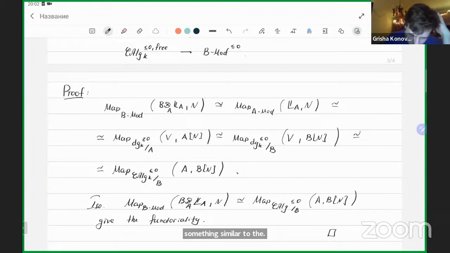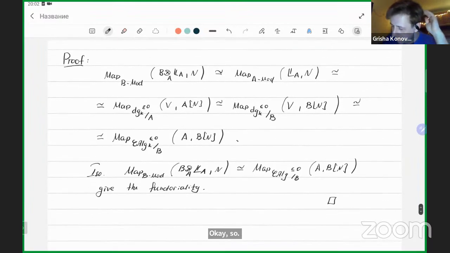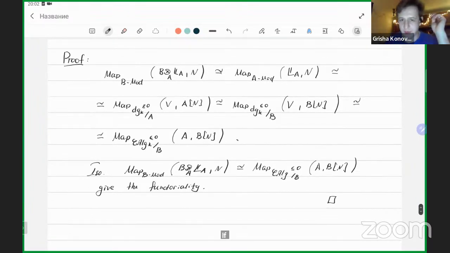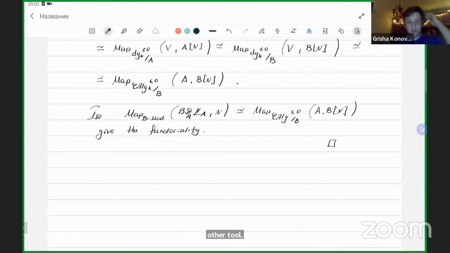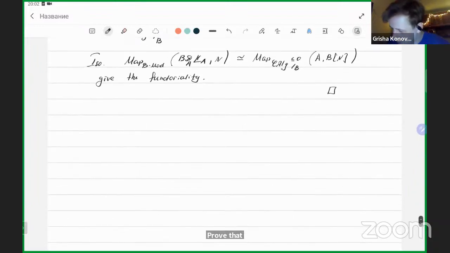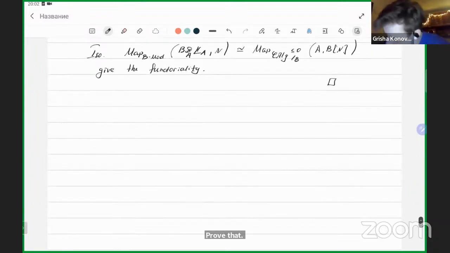Okay, so if no further questions, I would like to use this lemma in order to prove another lemma. And we are almost there.